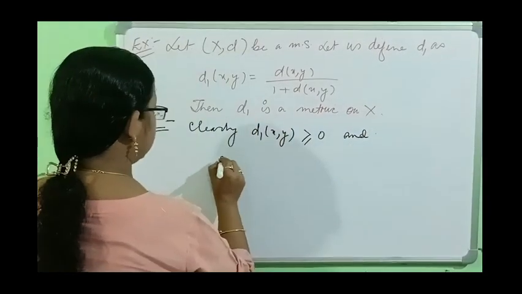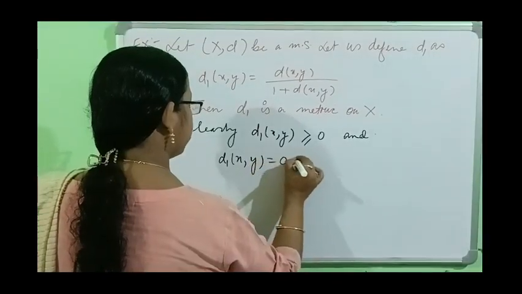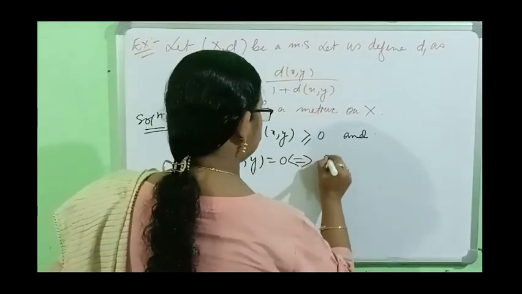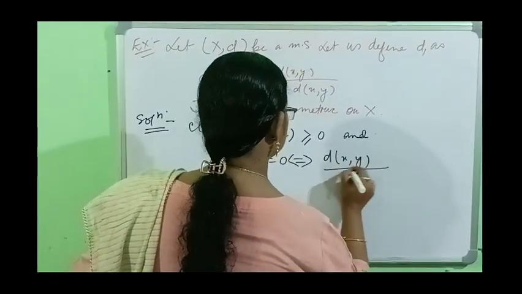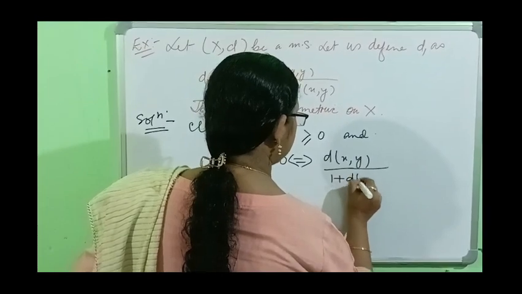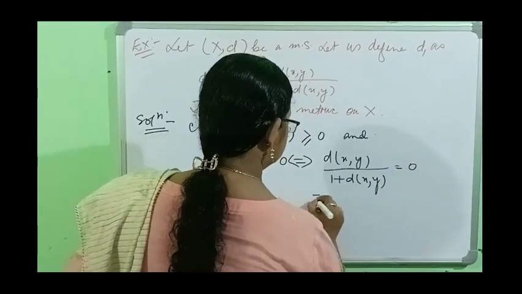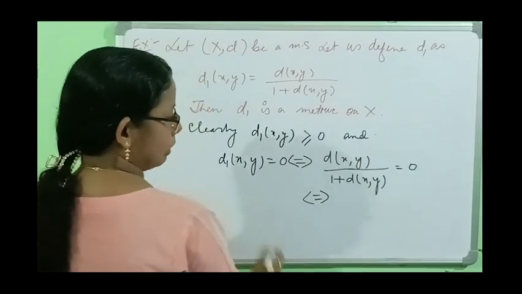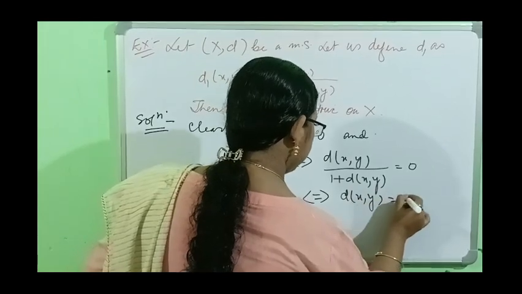And d1(x,y) is equal to 0 only if this right hand side is equal to 0, that is d(x,y) by 1 plus d(x,y) is equal to 0, and this is equal to 0 if the numerator is equal to 0.